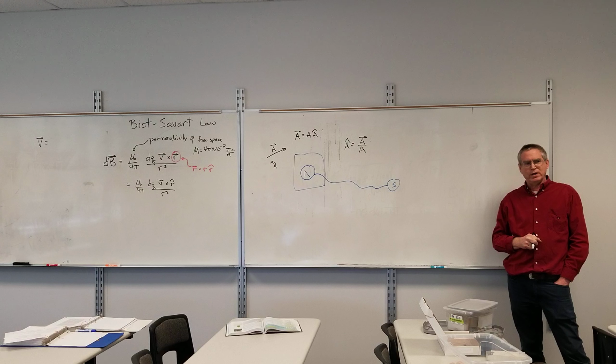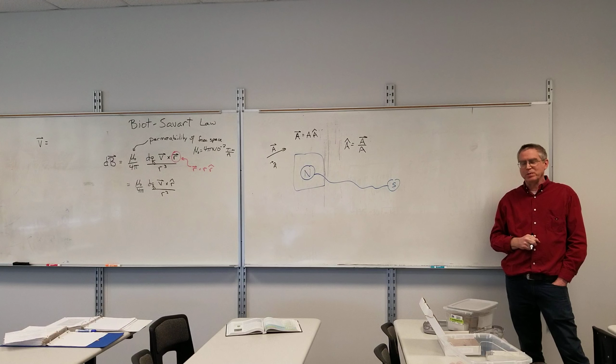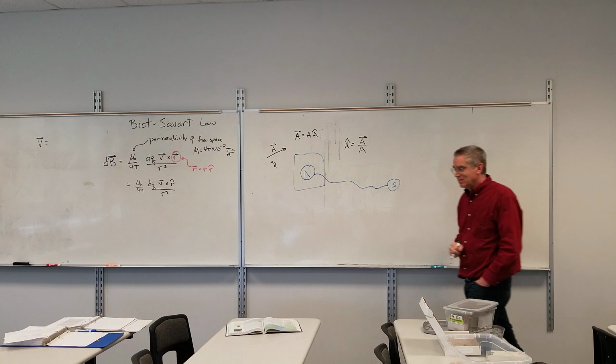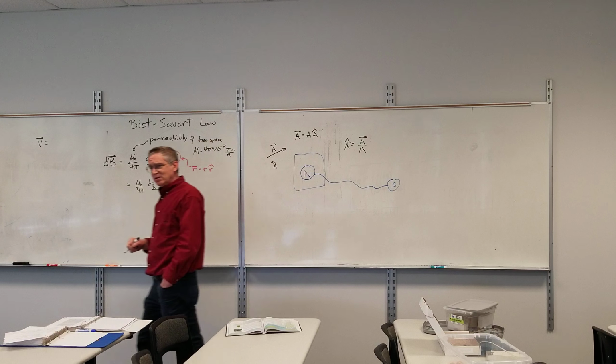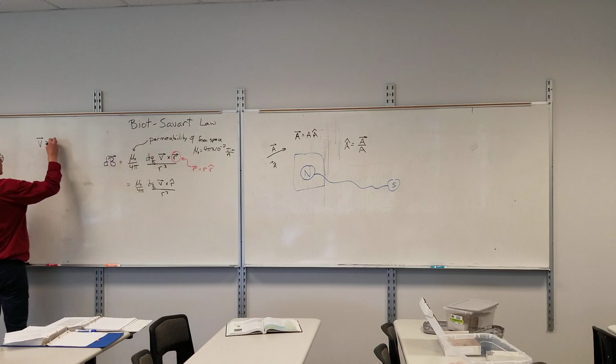Distance over time or something else? That would be speed. Distance over time in a specific direction. Okay, or displacement over time. Or dx dt, it's the first derivative of position.